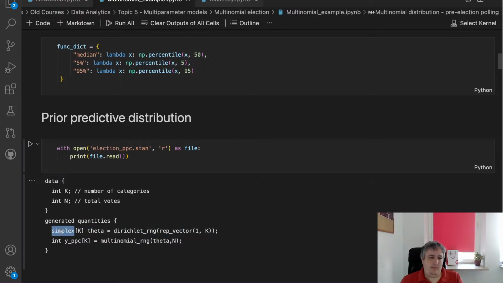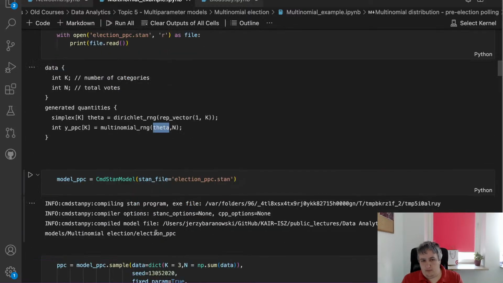Parameter theta, as I mentioned, is a simplex. A simplex is a specialized data type implemented in Stan, and we will generate it from a Dirichlet distribution with unit probability for all samples. We will then generate the data using a multinomial distribution with these sampled thetas from the Dirichlet distribution.